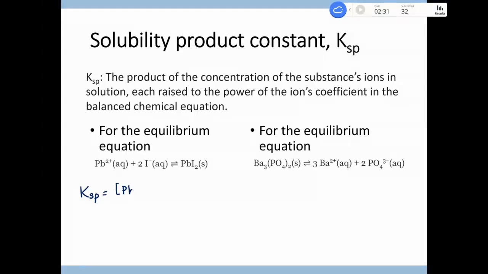So we'll have concentration of lead 2+ times concentration of iodide minus, and then squared because of its coefficient there. And that's it. We don't put solids in the equilibrium expression, only aqueous or gaseous substances, and the ions are always in the numerator.